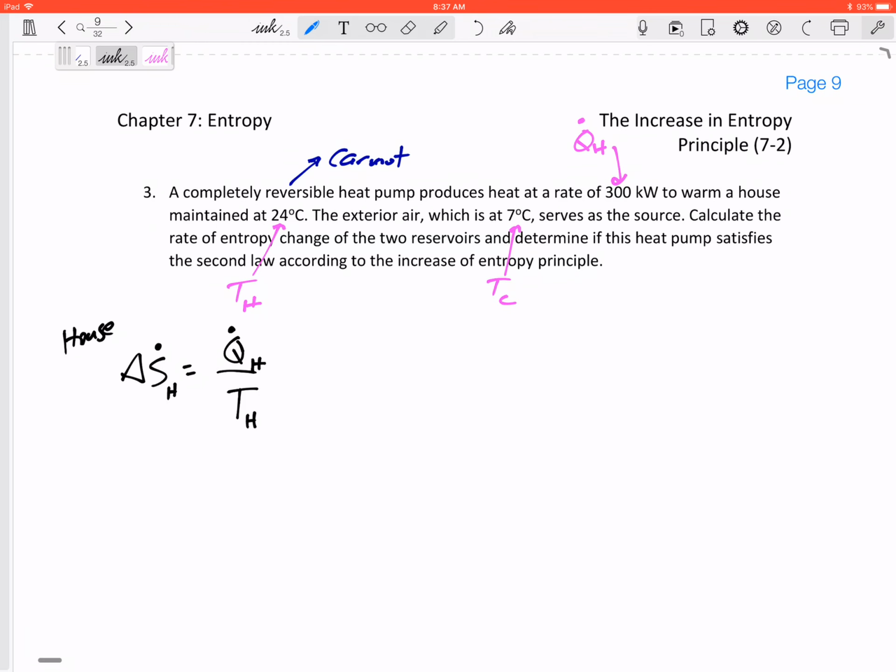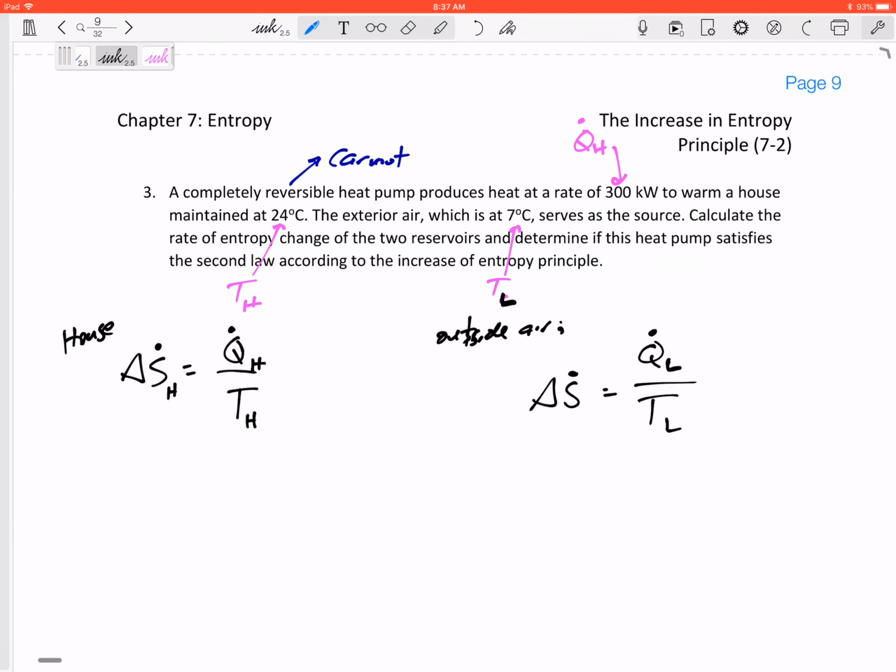Delta S is Q over T, and if we're talking about rates, delta S dot is Q dot over T. So we're talking about the house. And the outside air, its delta S dot would be QL dot over TL, from the lower reservoir, so this is really TH and TL.